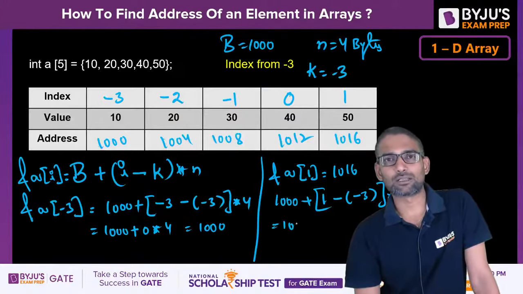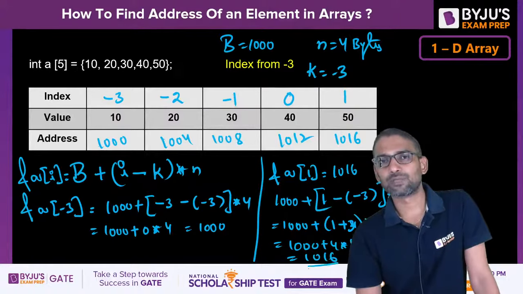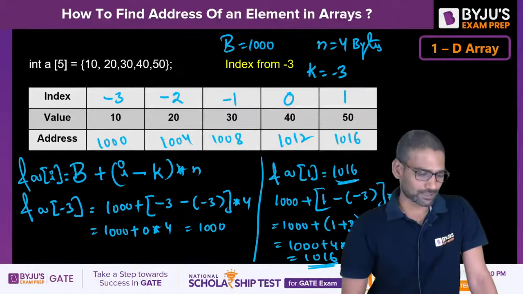So, this is 1000 plus 1 plus 3, multiplied by 4. This is 1000 plus 4 into 4, which is 1016. Yes, 1016 correct.